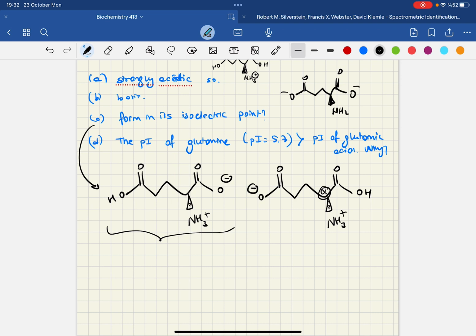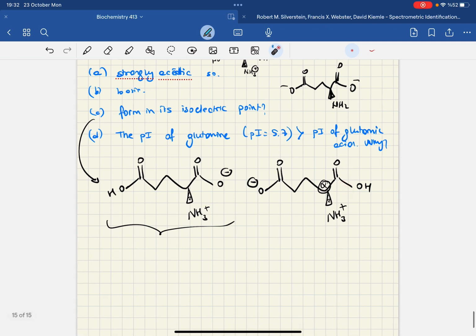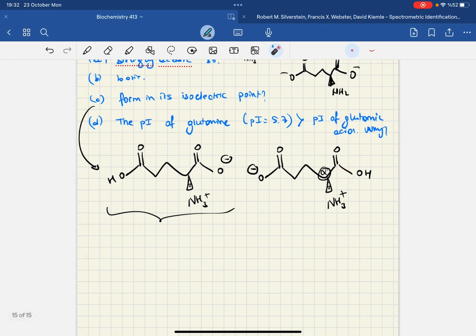And why is that so? It is because it has a resonating structure, and one of them will go there, and therefore making this more negatively charged, and therefore this will go here so that it will be more resonating, more stable.